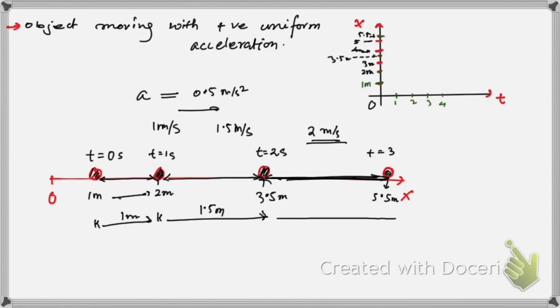So here you see, when t is equal to 0, the position is 1 meter away from the origin. When t is equal to 1 second, the position is at 2 meters. And when t is equal to 2 seconds, the position is 3.5 meters away from the origin. And in the last 1 second, the position is 5.5 meters when t is equal to 3 seconds.